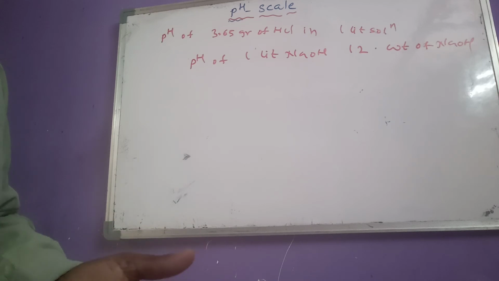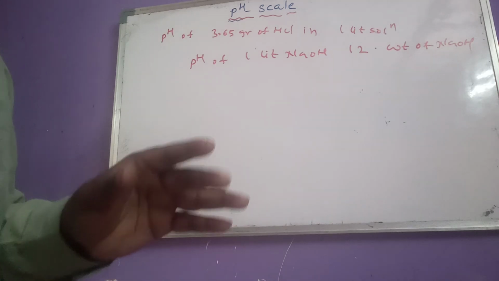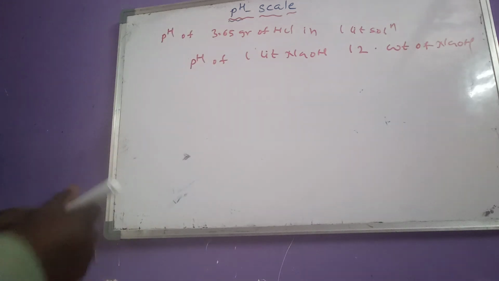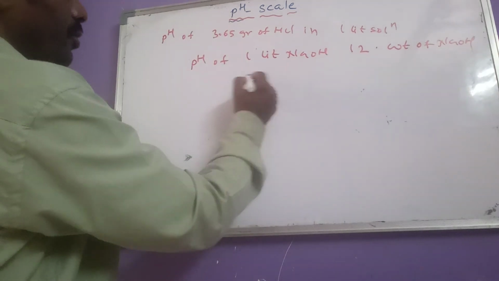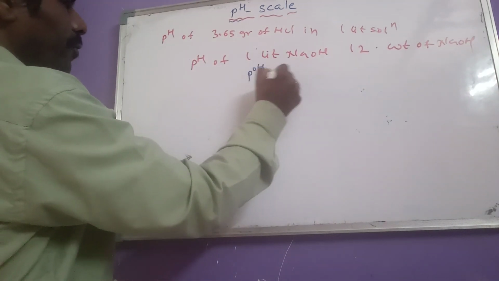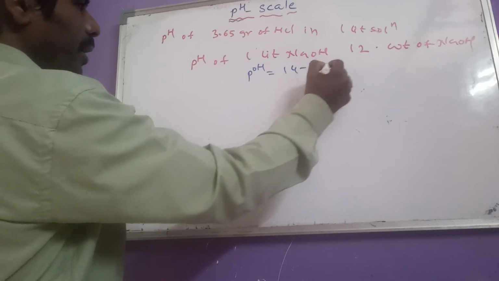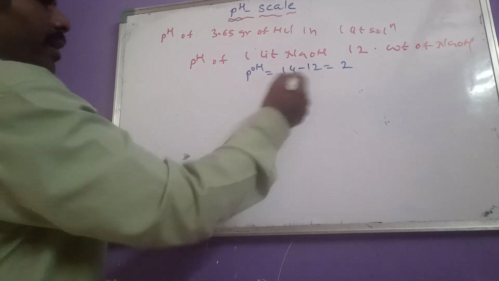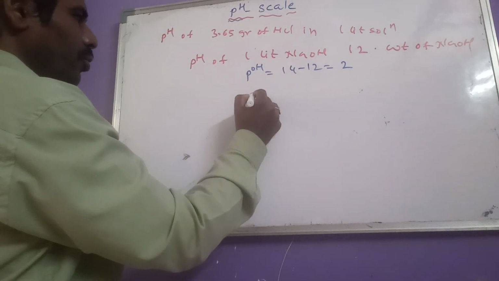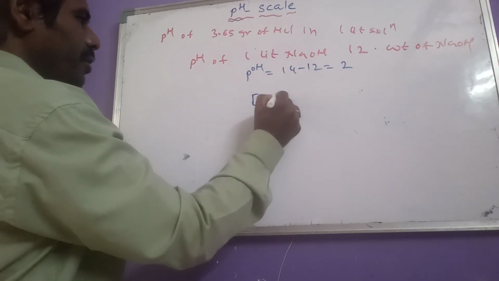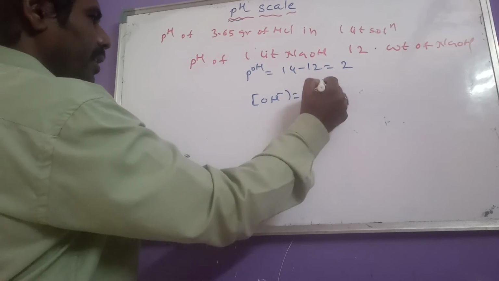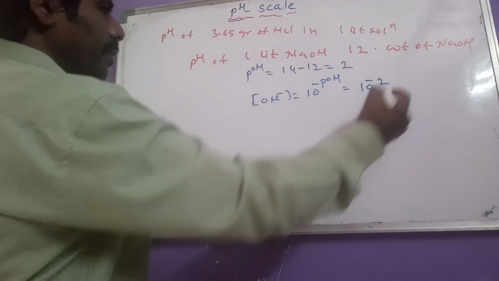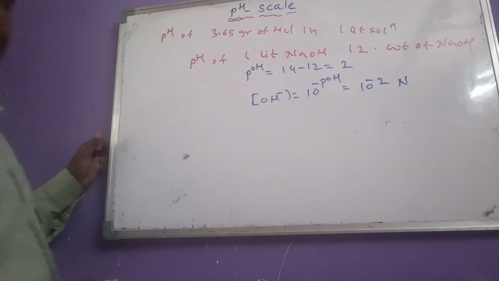To get OH minus, first we calculate pOH using this pH. If pH is 12, pOH is 14 minus 12, that is 2. Therefore OH minus concentration is 10 power minus pOH, that means 10 power minus 2 N normality.